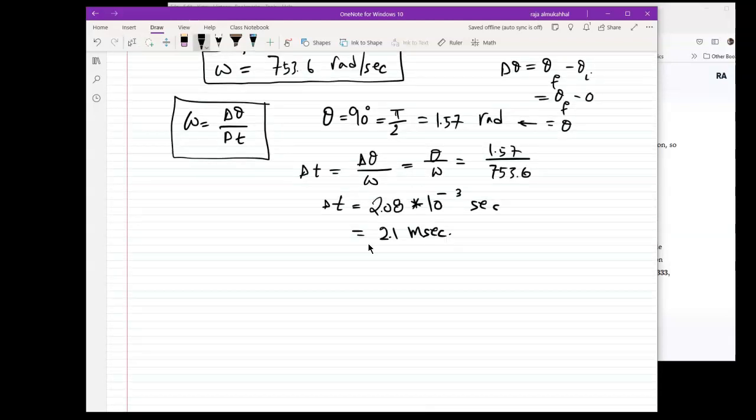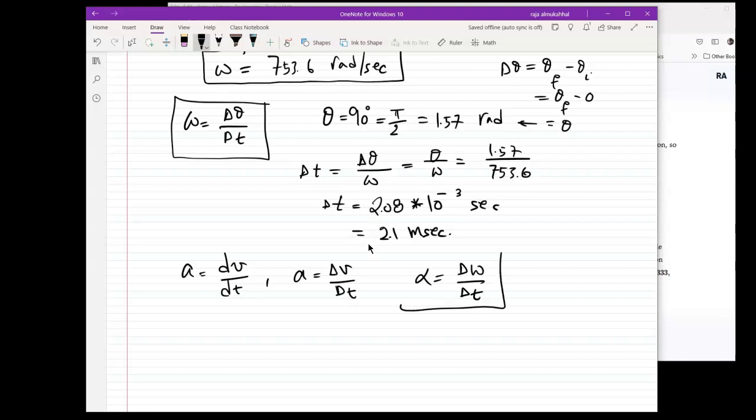Go back to when we studied kinematics. We defined the acceleration to be, if you remember, dv dt, or delta v over delta t, correct? Now, what corresponds to that is alpha equals delta omega over delta t. That's the meaning of it, okay?